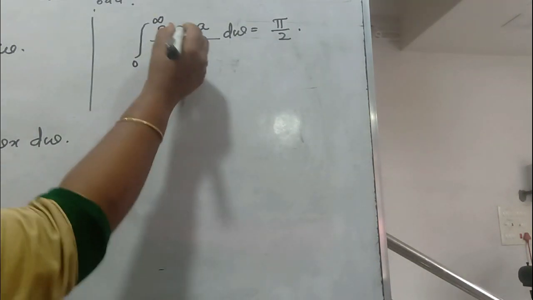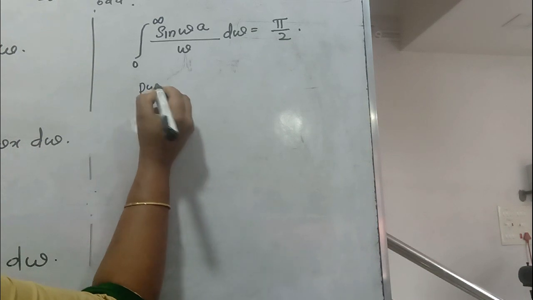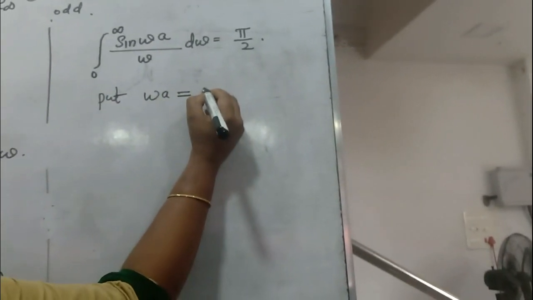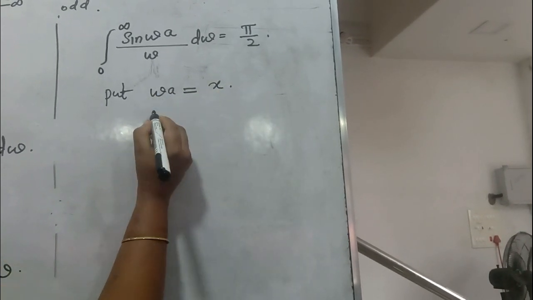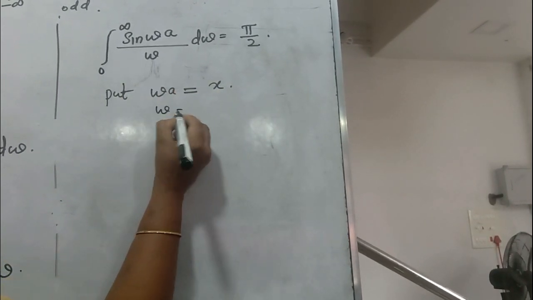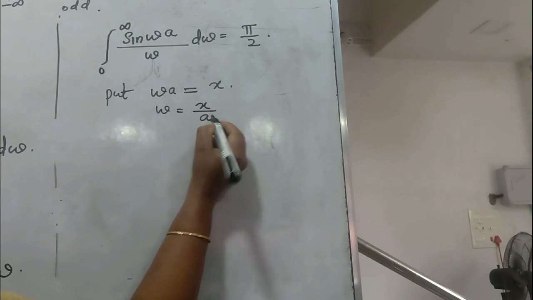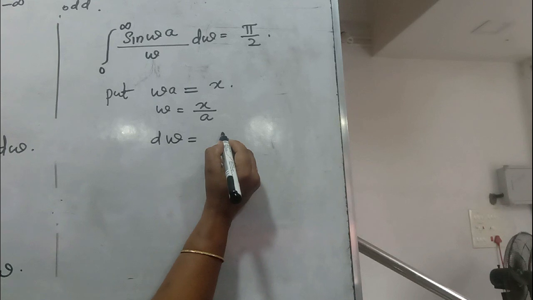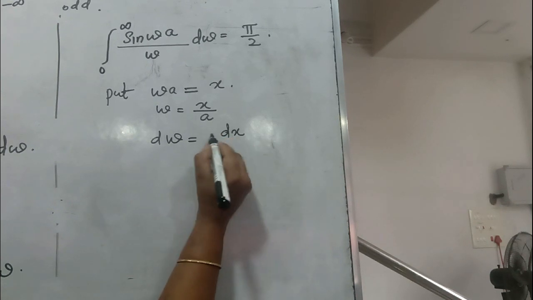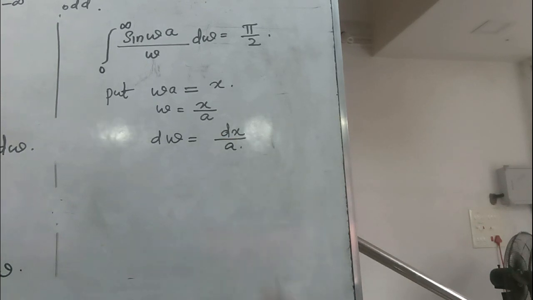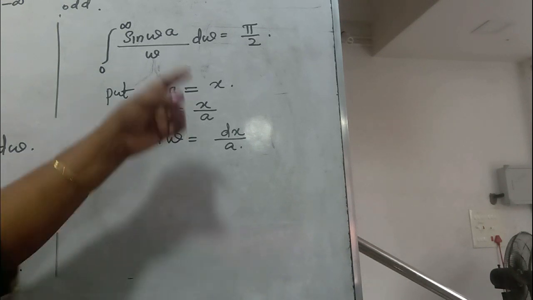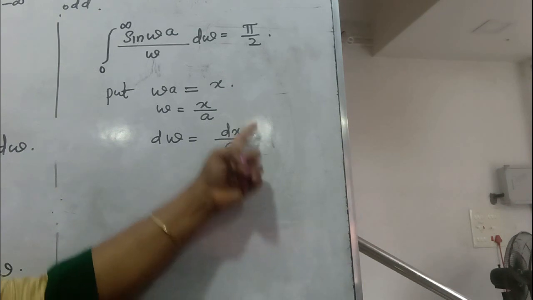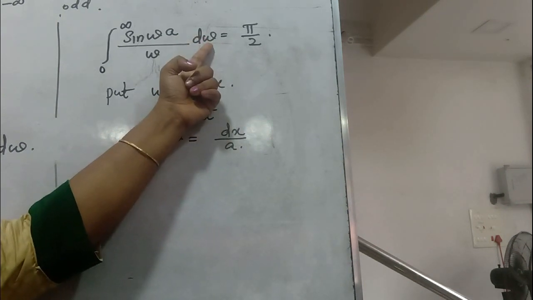Now put omega a equal to x. Substitute omega a equal to x. Then omega equals x by a, and taking derivatives on both sides, we get d omega equal to dx by a, that is 1 by a into dx. Here a is a constant, so d omega equals 1 by a dx, and we can replace d omega also.